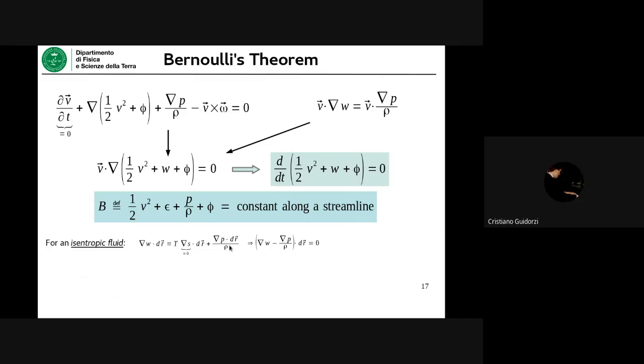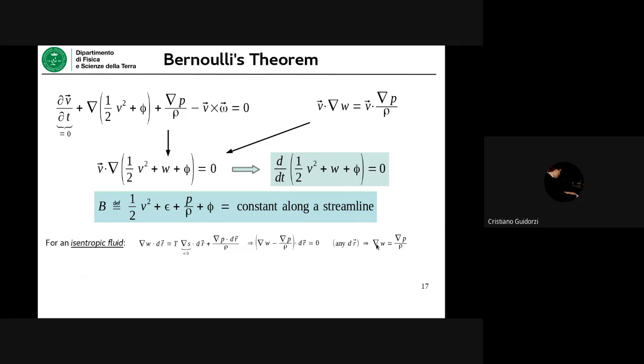You can bring this one on the left-hand side of this equation and collect this guy here, but this must hold for any generic displacement dr. So the only possible way this equation is satisfied for any generic dr is that the first term among brackets has to be 0.